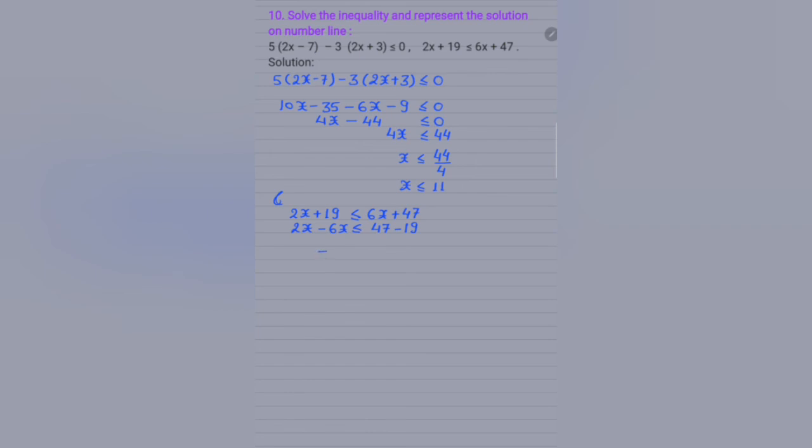So 2x minus 6x is minus 4x less than equal to 28. Now dividing by minus 4. Minus 4x divided by minus 4 greater than equal to 28 over minus 4.